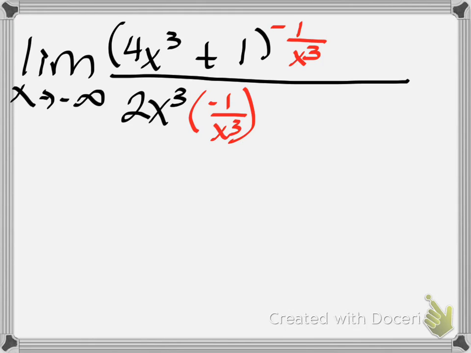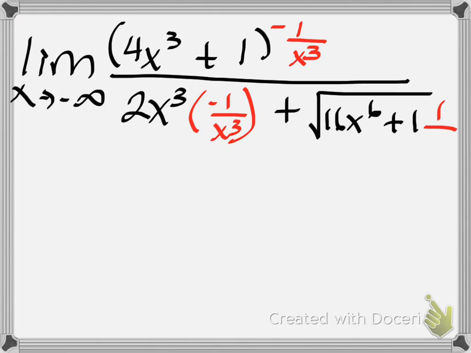And then the rest of the denominator, the square root of 16x to the 6th plus 1, is not going to need an extra negative, because I'm going to multiply by 1 over the square root of x to the 6th, which is already positive. So everything that's in red, as x is approaching negative infinity, is a positive number. So I've multiplied top and bottom by the same positive number.